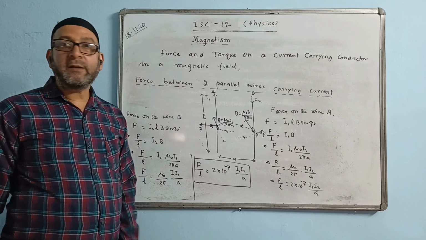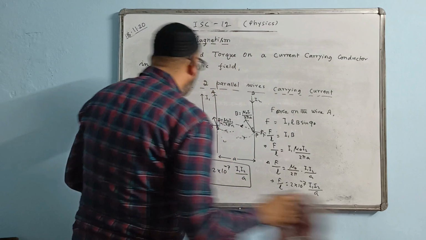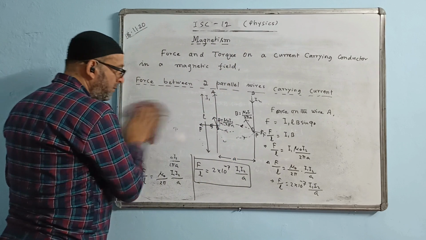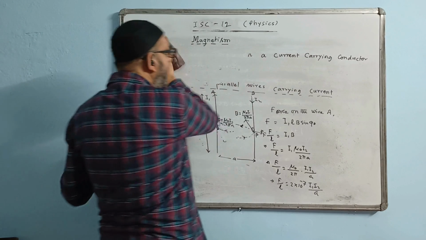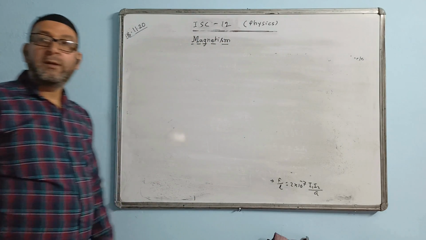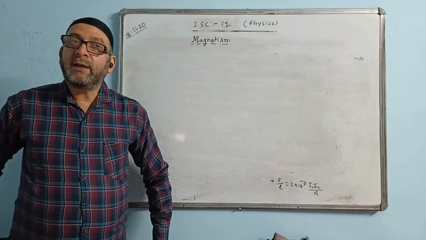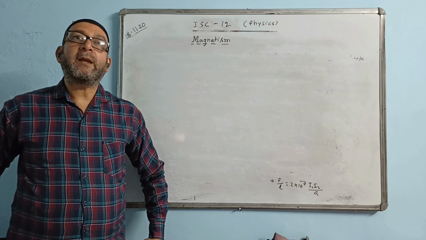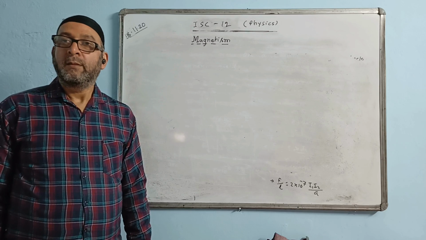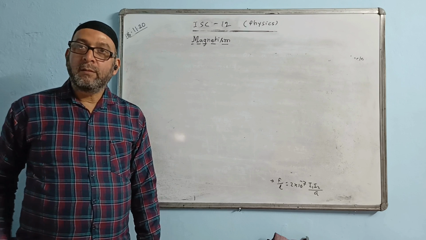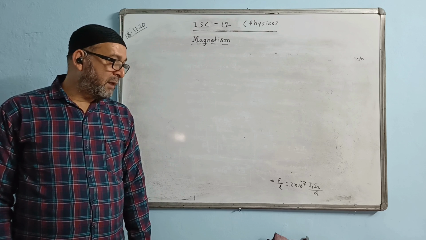Give the heading: Law of parallel currents. Number one: when two parallel wires carry current in the same direction, they attract each other.